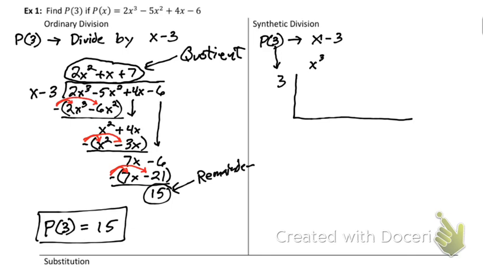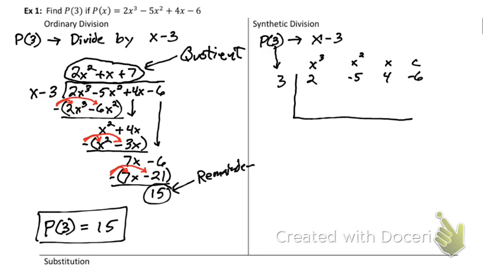So we have an x cubed, a certain number of x squareds, an x, and a constant. Now we look at what number's in front of x cubed. Well, that's a 2. The number in front of x squared is negative 5. The number in front of x is a 4, and our constant is a negative 6.